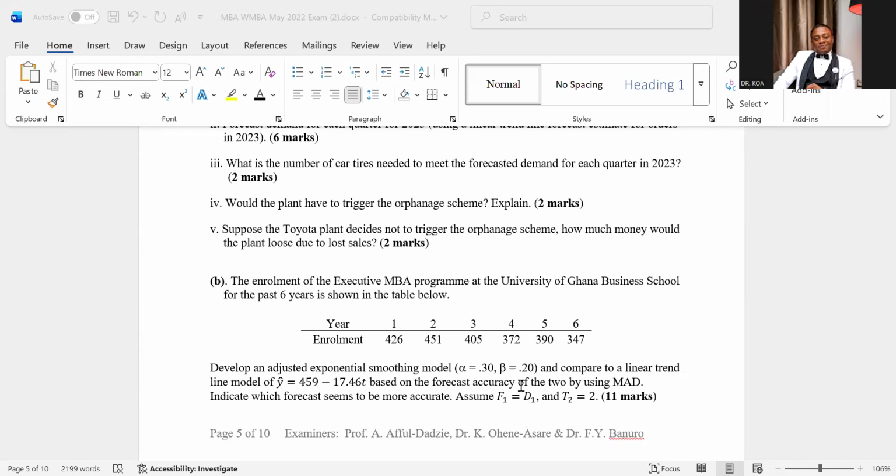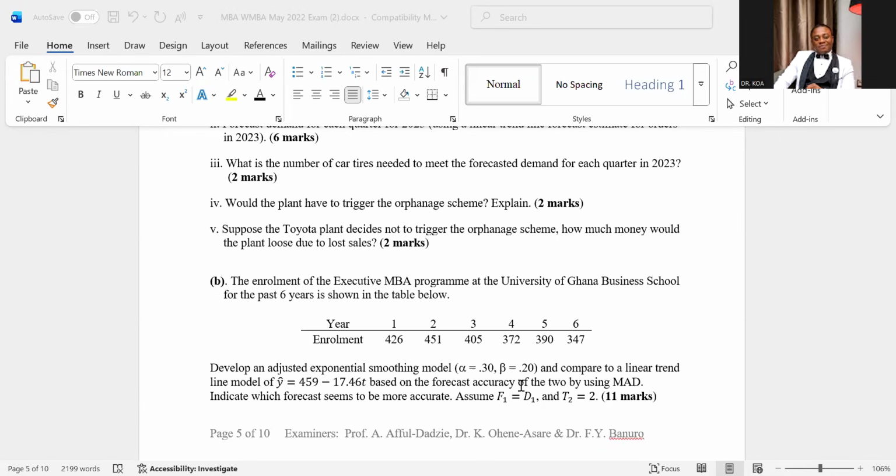But first, we need to know the total demand for the year to see whether it's more than the contract. Are you listening? Yes, sir. What was the total demand for the year 2023? 162,750. So now that you have that total demand, is it more or is it not more?